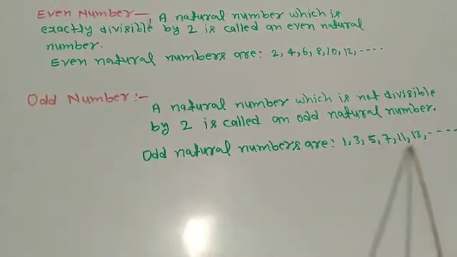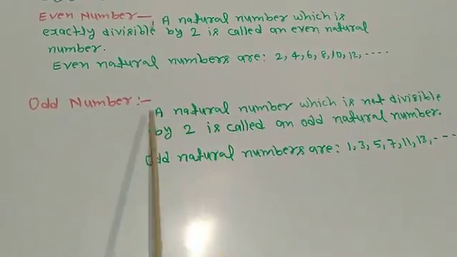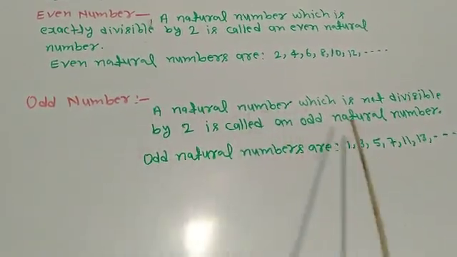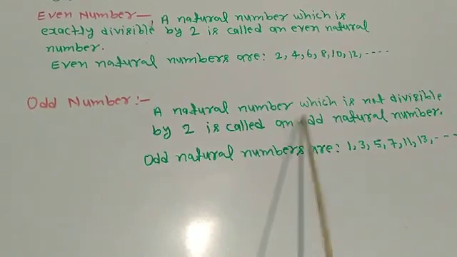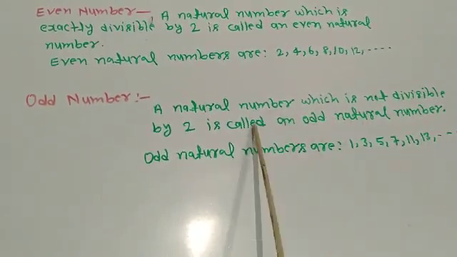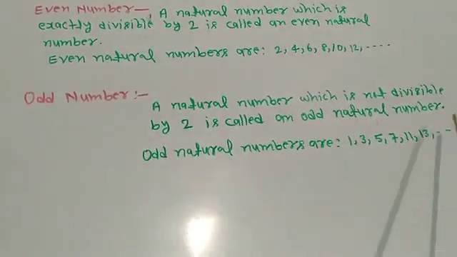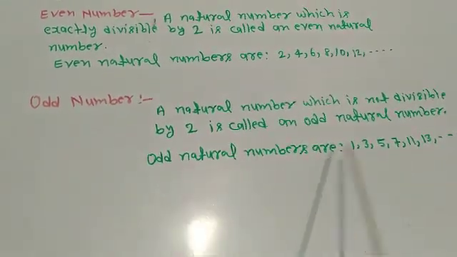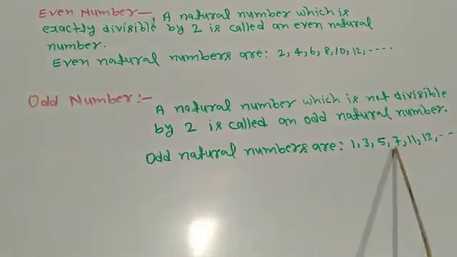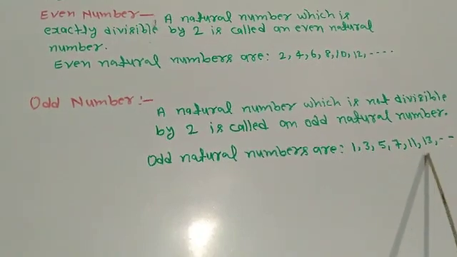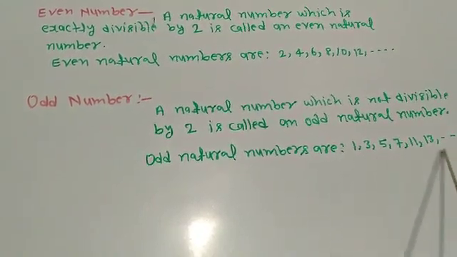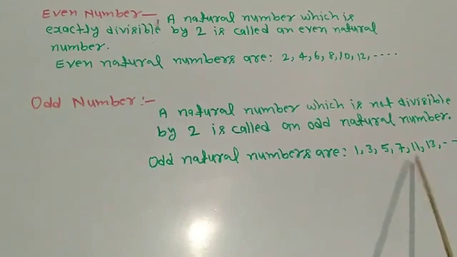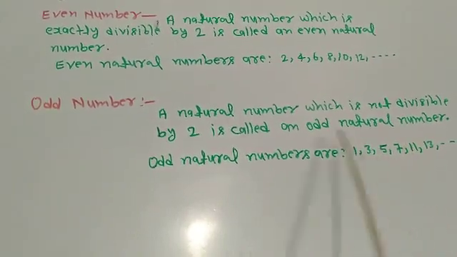But in the case of odd numbers, the natural numbers which are not divisible by 2 are called odd natural numbers. So odd natural numbers are 1, 3, 5, 7, 11, 13. You can see all these numbers are not divisible by 2, so these are odd numbers.